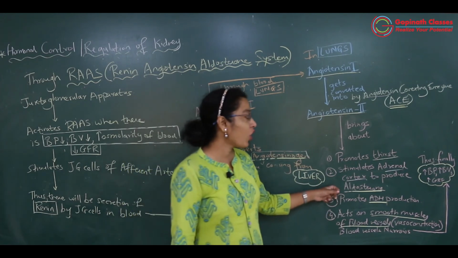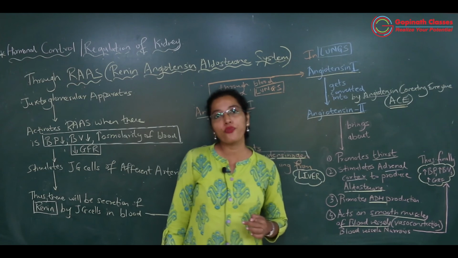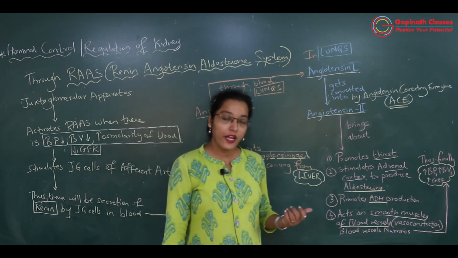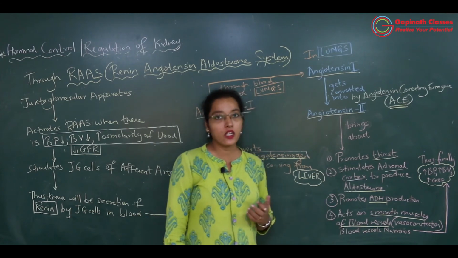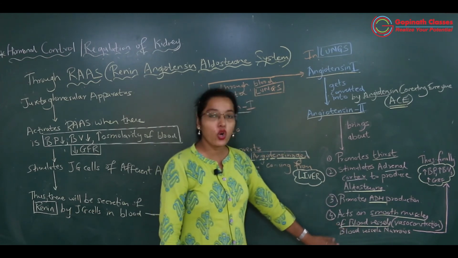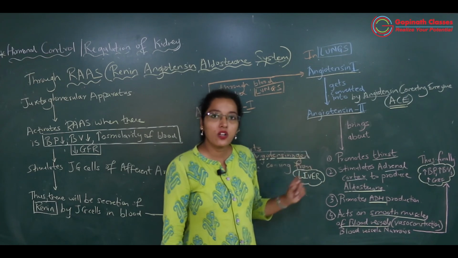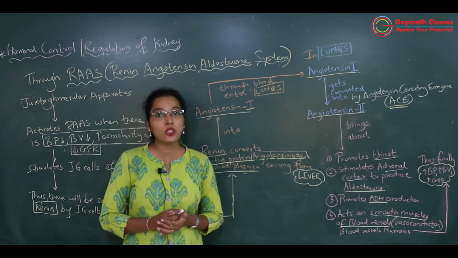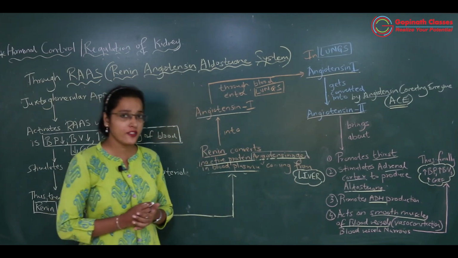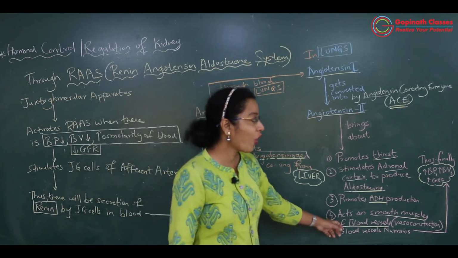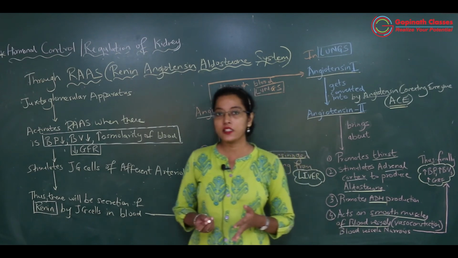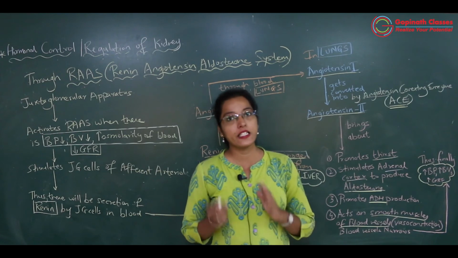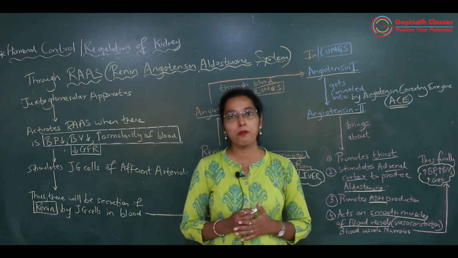And aldosterone will bring about reabsorption of sodium ions, and along with the sodium ions, this water will also enter inside, increasing the blood volume. Then it also acts over the walls of the blood vessels. Walls of the blood vessels have smooth muscles. It will bring about constriction of the smooth muscles of blood vessels, thus increasing the BP, increasing the BV, increasing the GFR, and decreasing osmolarity of blood.